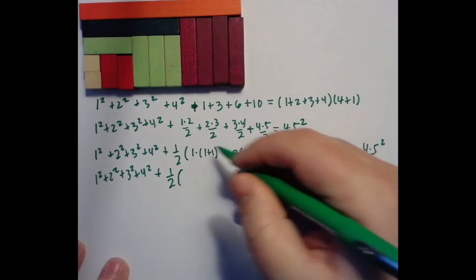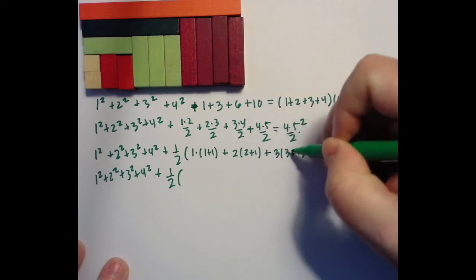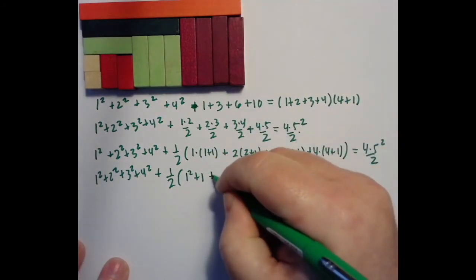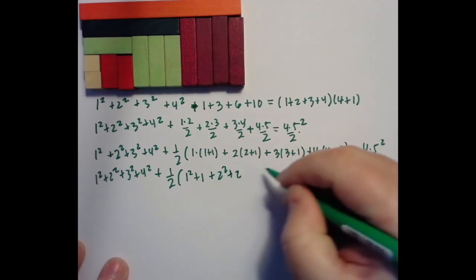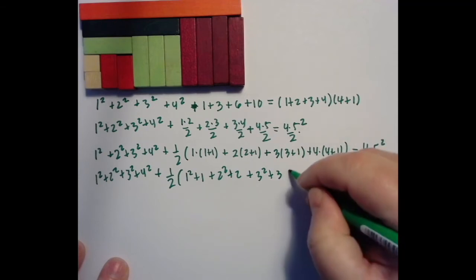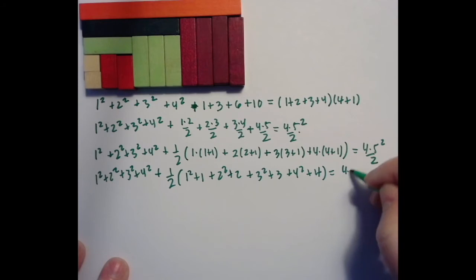Now look at what I have here: a 2 squared and a 2, a 3 squared and a 3. So I'm going to write this like this: 1 squared plus 1 plus 2 squared plus 2 plus 3 squared plus 3 plus 4 squared plus 4 equals all of this same stuff over here.